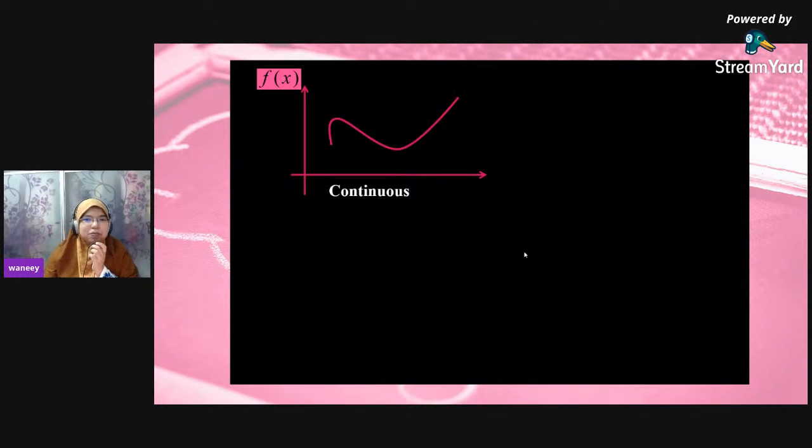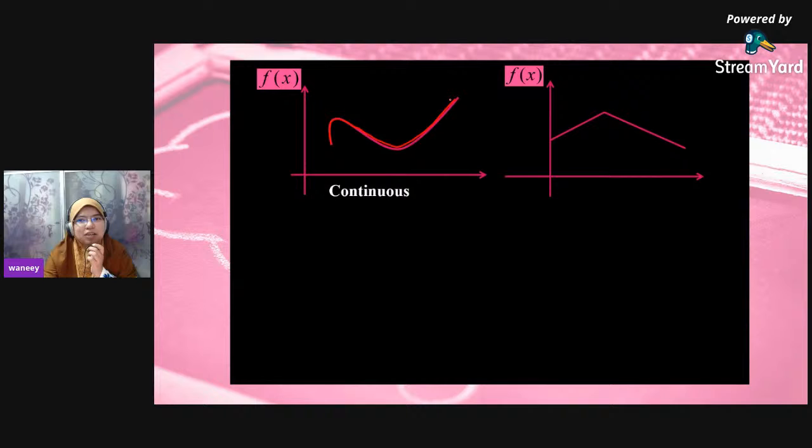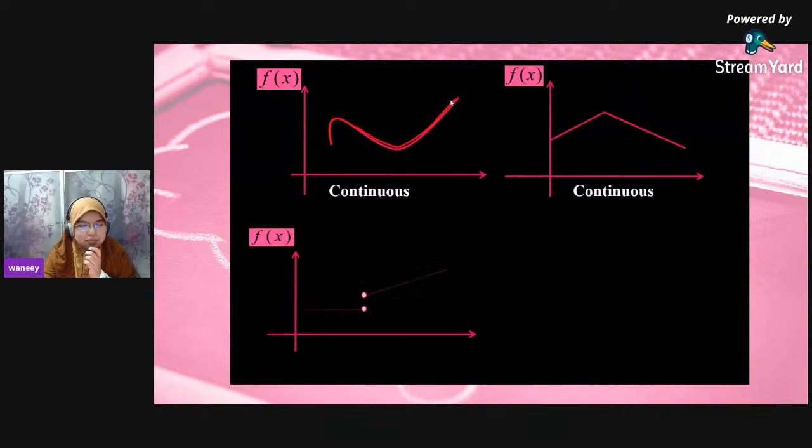Okay, so for example, this graph. If you have your pen over here, you can follow it without lifting up your pen. So this is continuous. The second one is also continuous. The third one, if you draw it, firstly you need to draw the left hand side, and then you must lift up your pen before you can draw the right hand side.